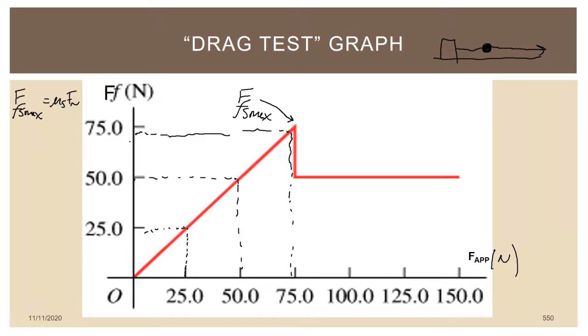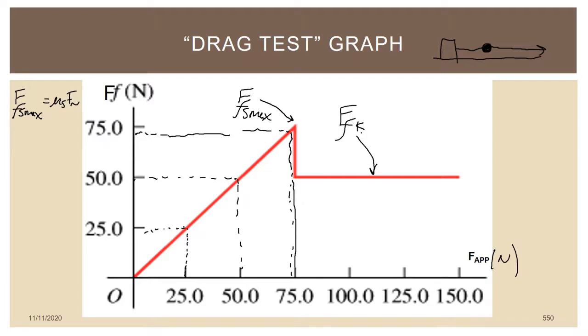And now we obviously get to the big question here, which is what happens when you apply 75 newtons? Well, something happens. The object begins to move. And what actually happens is all of a sudden the friction force drops down from the static friction force maximum to the kinetic force of friction value. How exactly does that work?